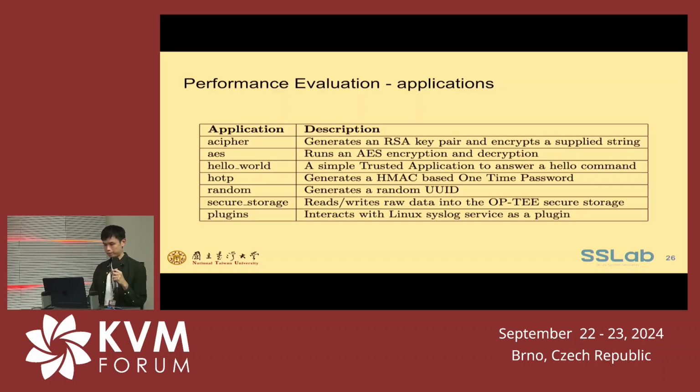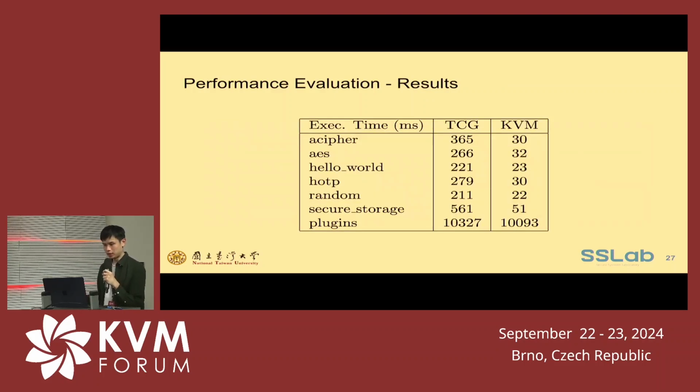And here are the results of our evaluation. We additionally evaluate on QEMU TCG with the same OP-TEE version for comparison with our KVM approach. In both environments, we evaluate the execution time of the 7 trusted applications I just mentioned. And as you can see, in most applications, our virtualized TrustZone on KVM is about 10 times faster than TCG.